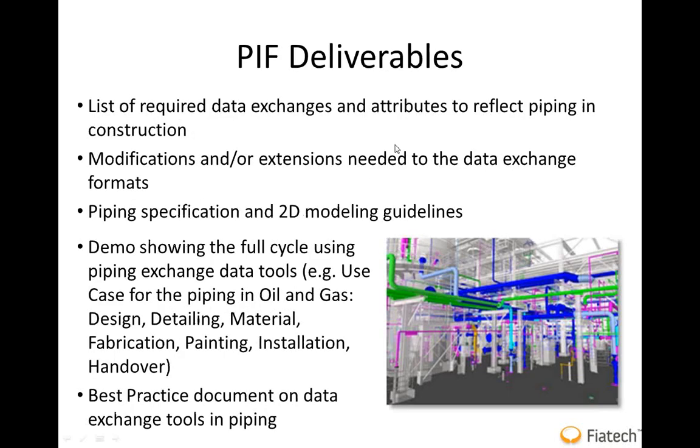Now, as a deliverable, we wanted to provide a list of required data exchange and attributes to reflect in piping construction. They will come in the next slide. What do we mean by these?